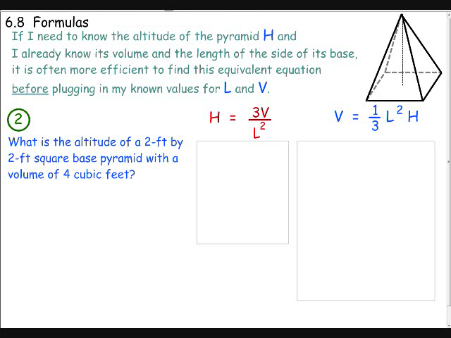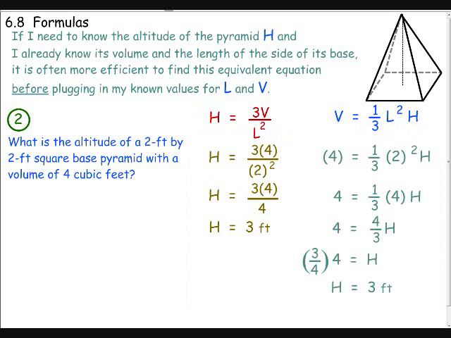We could figure this. See, there are two ways of doing it. One would be to use this equation. We plug in the 4, we plug in the 2, and we figure out it's 3 feet. Or, suppose we hadn't converted, and we've used the original equation. You can see it takes us more time.